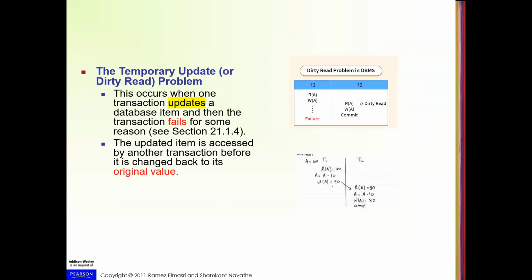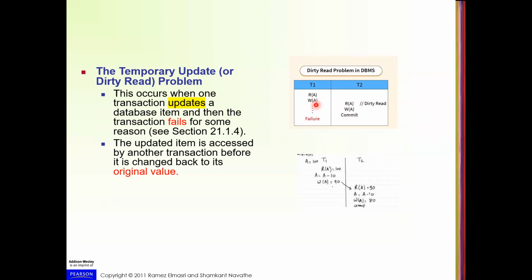Now let's see what they are. Please take a look at these two images that we have here. What are we doing here? We have a dirty read problem. There is transaction 1, there is transaction 2. T1 is reading and then writing, but it did not commit.